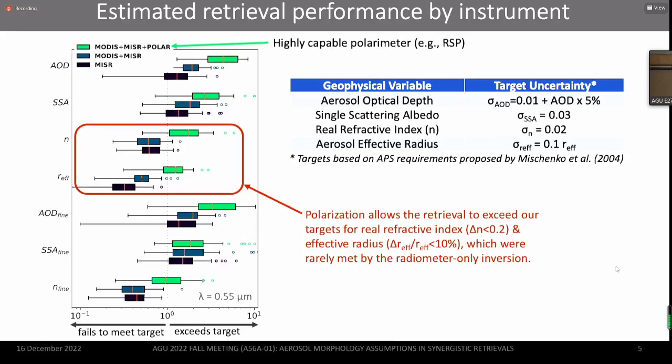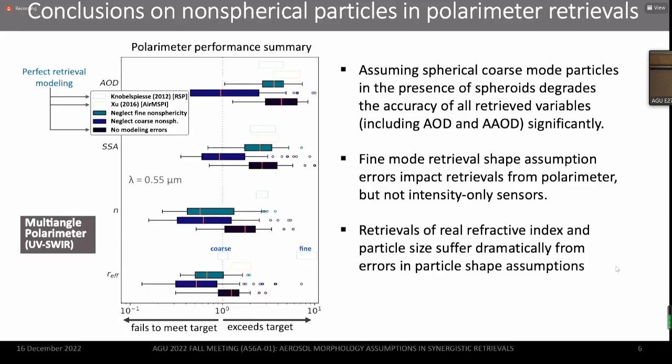Then we reran these simulations. In all cases, we used spheroids in the fine and the coarse mode forward calculation, but we inverted with either only spheres in the fine mode or only spheres in the coarse mode. As you would expect, assuming spheres in the presence of non-spherical particles in the coarse mode degrades the retrieval performance pretty significantly, not just in the polarimeter, but even in the intensity-only MISR and MISR plus MODIS.